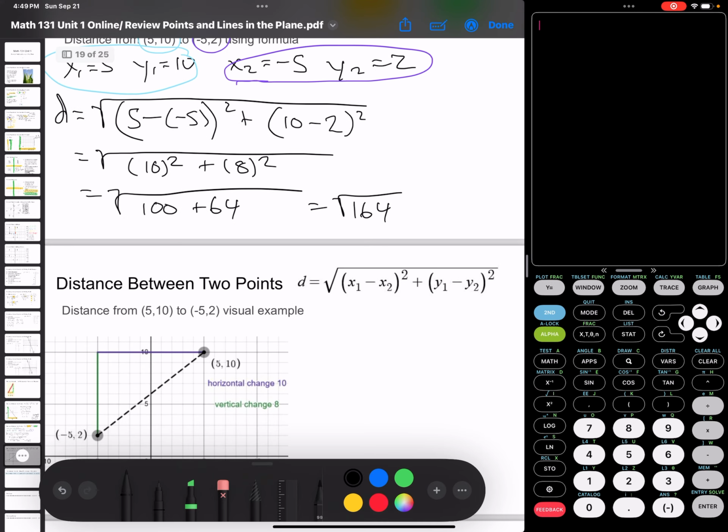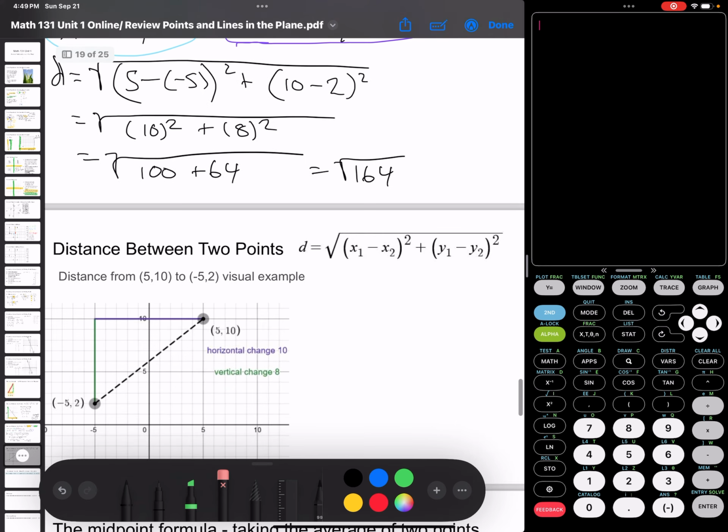Whenever I have this square root of 164, I have to simplify that. Actually, for now, I'm going to leave it for you guys. I'm going to let you do this. Take the square root of 164 and hit enter.